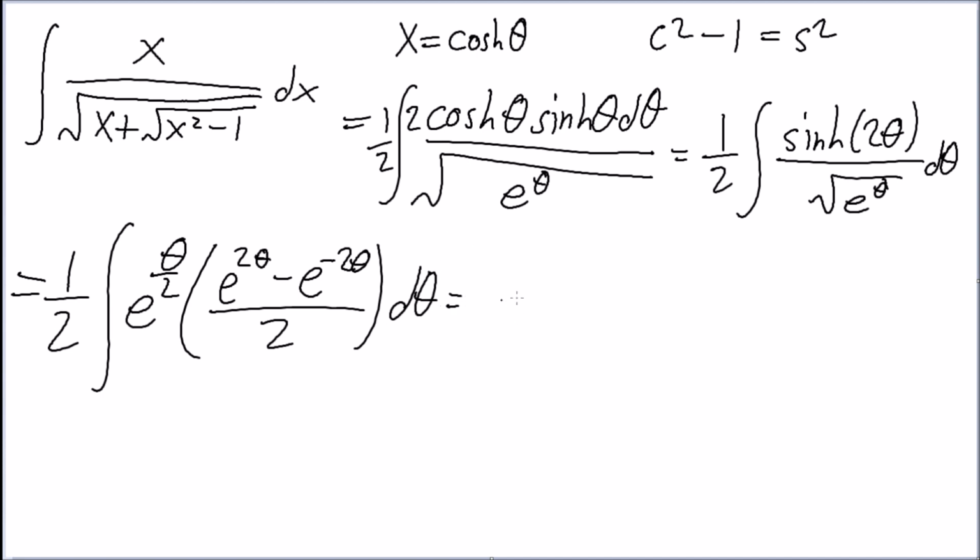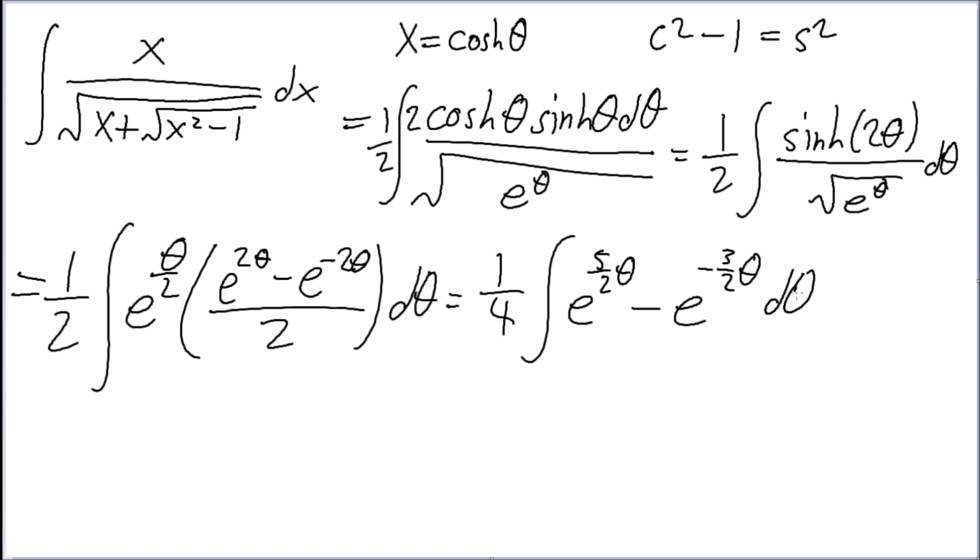Let me just put 1/4, and then if I distribute, we get 2 plus a half. That's 5 halves. And then minus e to the negative 2 plus a half. That's negative 3 halves. Yes, I'm actually thinking about this because I'm not good with fraction arithmetic.